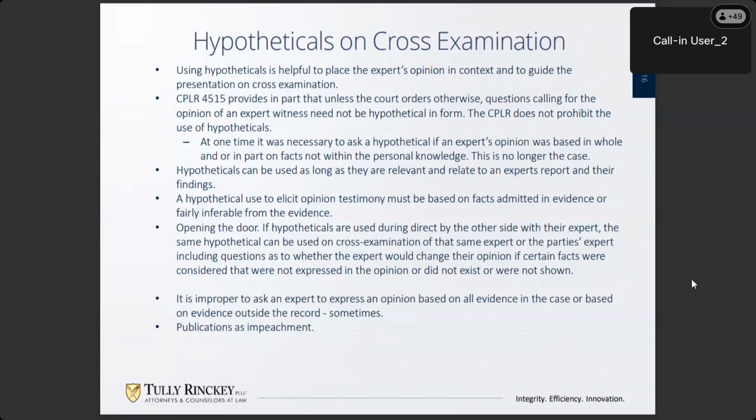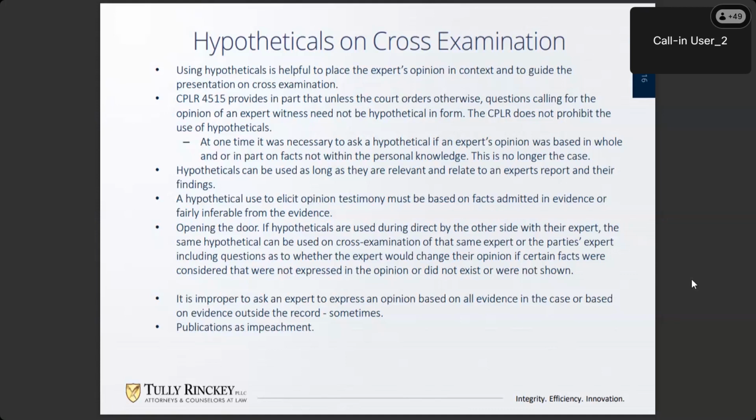One thing to keep in mind, it is improper to ask an expert to express an opinion based on all evidence in the case or based on evidence outside the record, unless it's of the kind accepted in the profession as reliable in informing an opinion, or if the information comes from another witness that's not subject to being cross-examined, or other evidence is presented to establish its reliability that has been admitted.